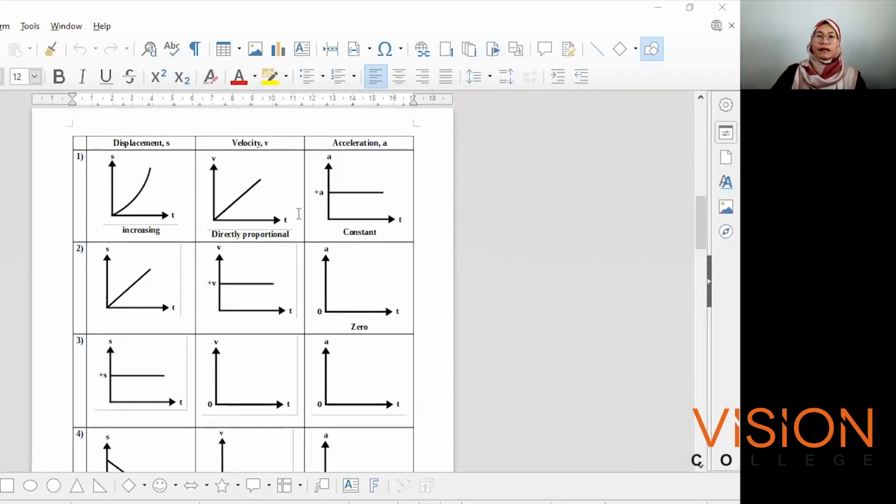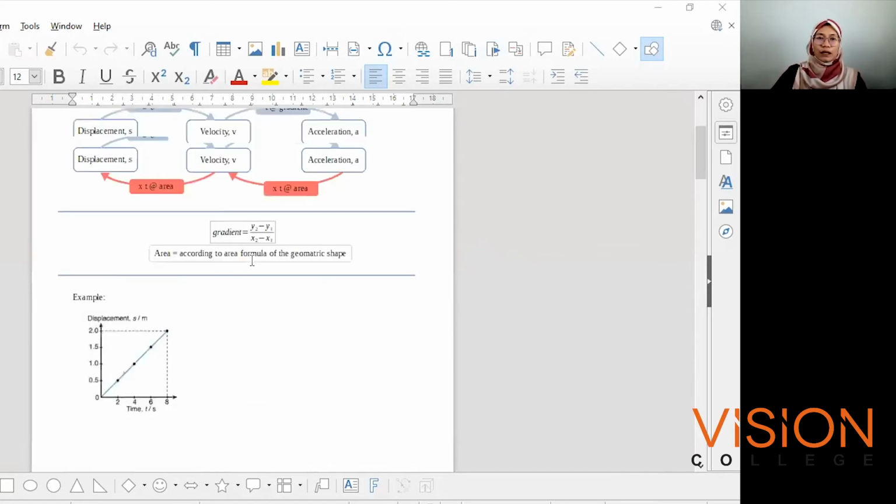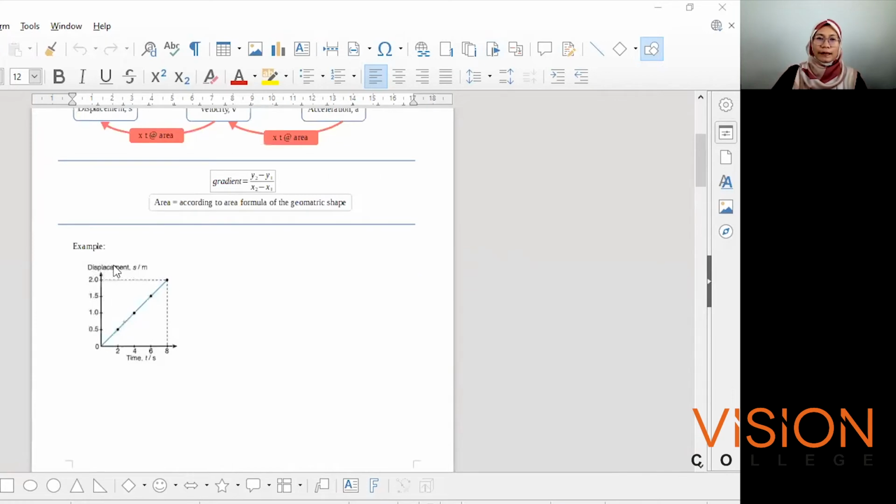So as I said, you can predict your graphs by looking at the relationship between one graph to another. All right, so as an example, just now, we have our example where our y-axis is displacement against time. With the graph of displacement against time looking like this, I can predict how the graph looks if it becomes velocity against time or even acceleration against time.